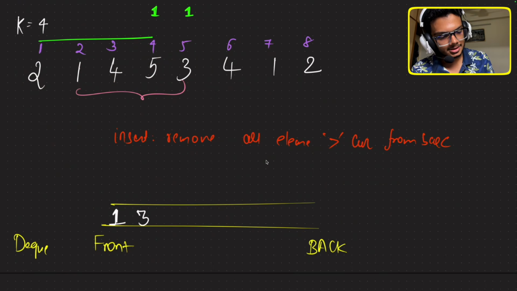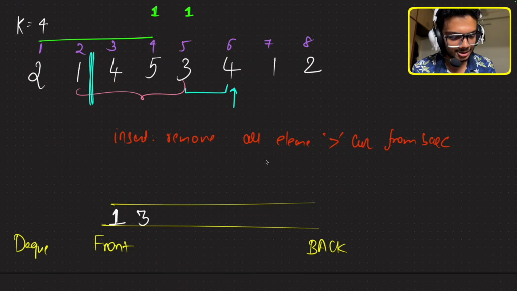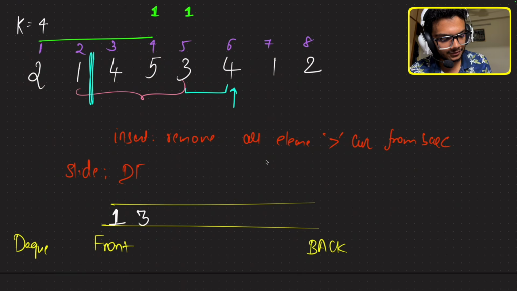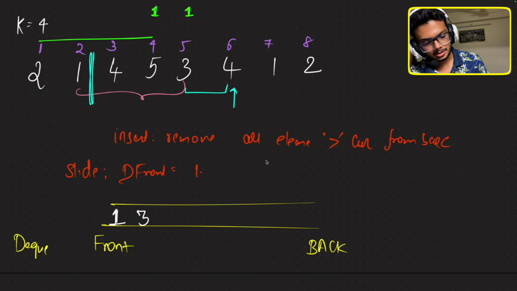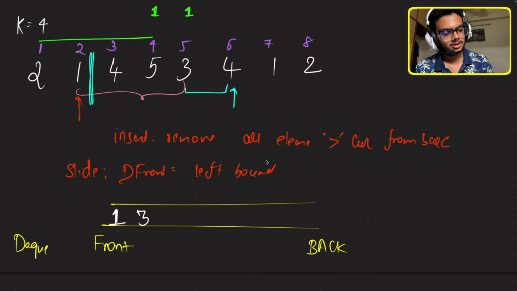So when I is at 6, the window will slide now, right? Window will slide means you add 4 and then 1 gets removed from the window. So whenever you slide and the DQ's front is actually equal to the left bound, the one which I just shrunk the window from, then we have to do DQ dot pop front, right?